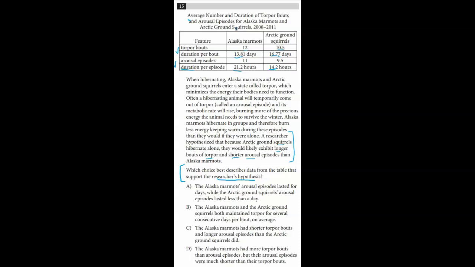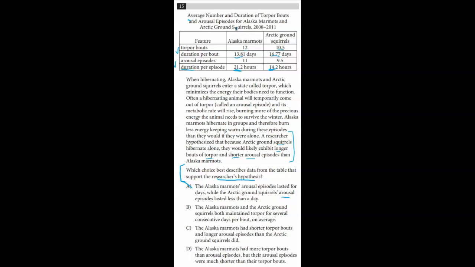So, let's read the answer choices. A, the Alaskan marmots' arousal episodes lasted 4 days, while the Arctic ground squirrels' arousal episodes lasted less than a day. We're looking at their arousal episodes. That's just not true because if you look, the marmots are the 21 hours.